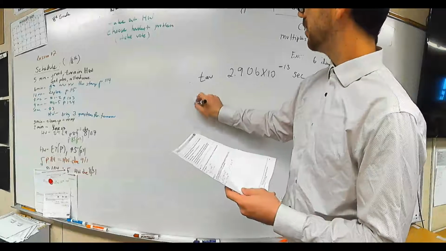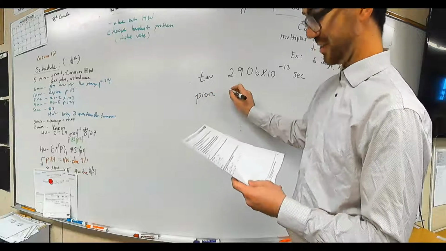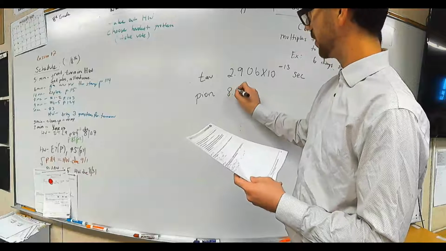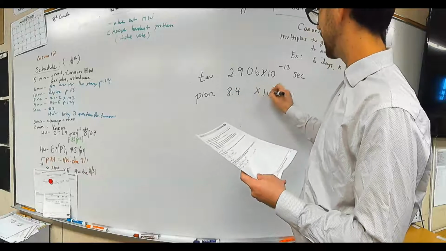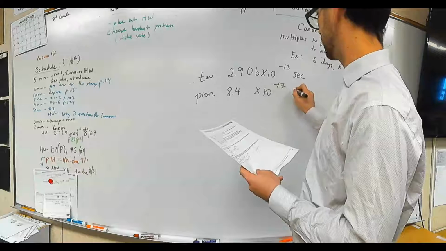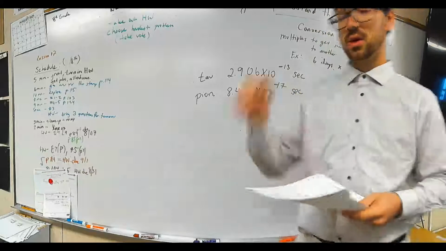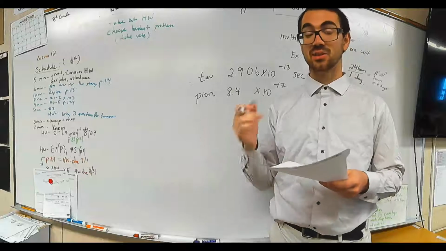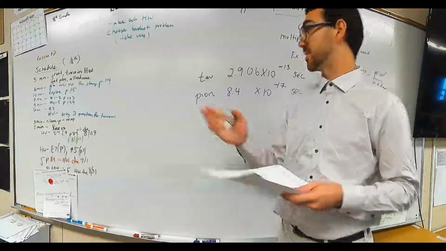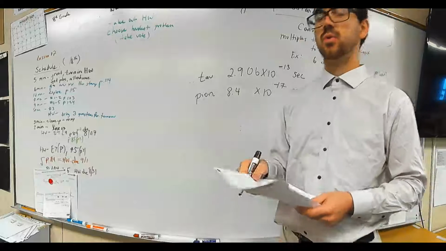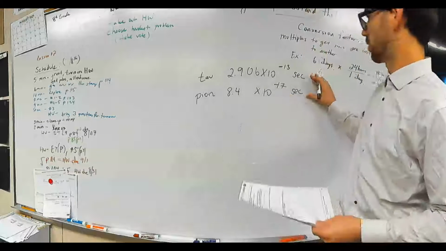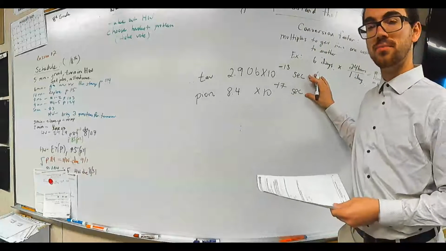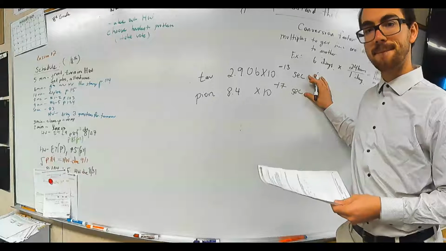And the pion lasts 8.4 times 10 to the power of negative 17 seconds. So the question is, which subatomic particle has a longer average lifetime? Is it the tau or the pion? Which one lasts longer? Okay, I'm going to go ahead and pause and let you guys think about that.